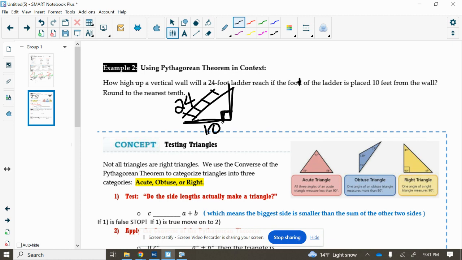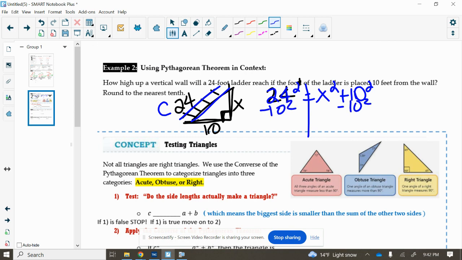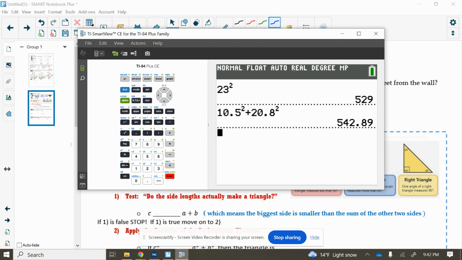Now we're going to assume our wall, again, is a vertical wall that's making a nice 90-degree angle, and we are going to solve for that height of the wall. So again, we're going to take 24, aka this ladder is going to act as our hypotenuse. So 24 squared has to equal our missing height plus our base squared. So again, this time we need to make sure we subtract over the 10 squared to get x squared by itself.